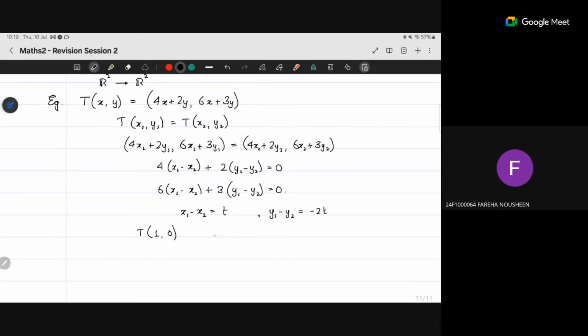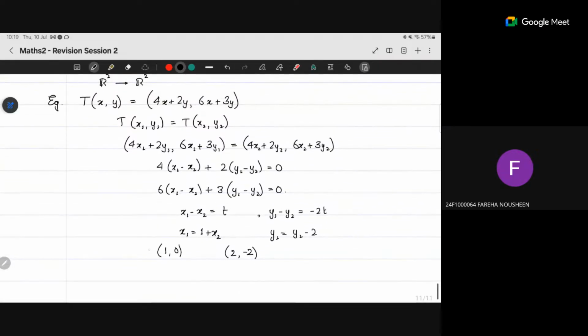This doesn't work. Just one moment. Plus x2. y1 is equal to y2 minus 2t. Let's take t is equal to 1. If I have x2 is equal to 1, 0, and y2 is 1, 0, this would be 2 minus 2. And that's fine, I think.